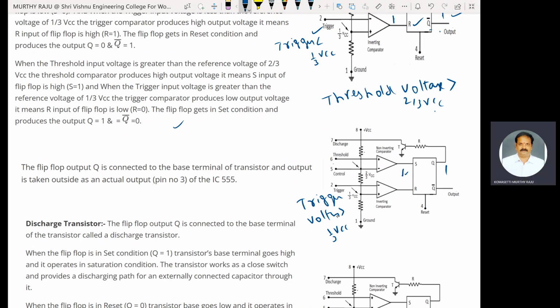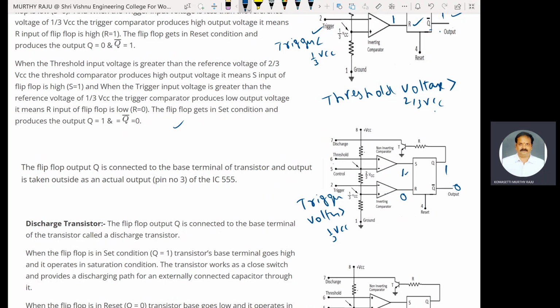When the trigger voltage is greater than the reference voltage, 1/3 VCC, the trigger comparator produces low output voltage, R is equal to 0. Therefore, Q dash is equal to 0.